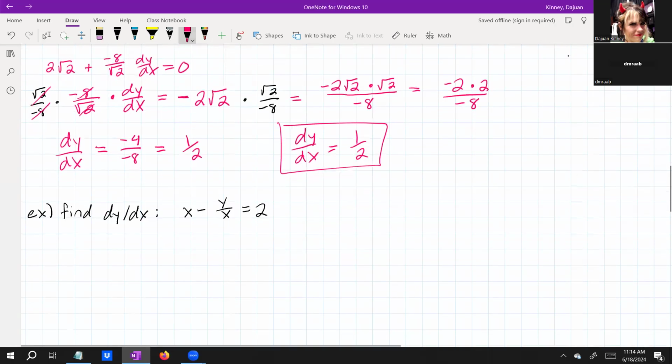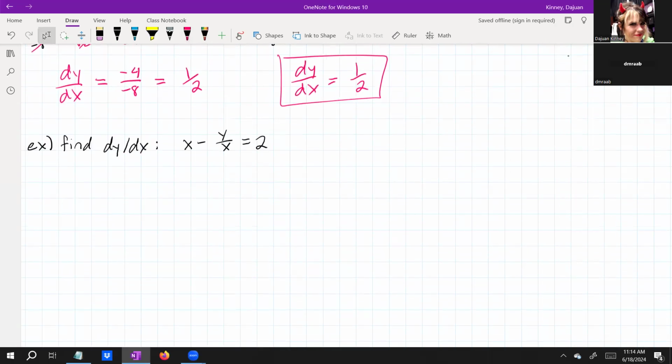Okay, come on screen. There we go. Okay. We have x minus y over x equals 2. You could do this one implicitly or explicitly. What do I want to do? It's the implicit chapter.